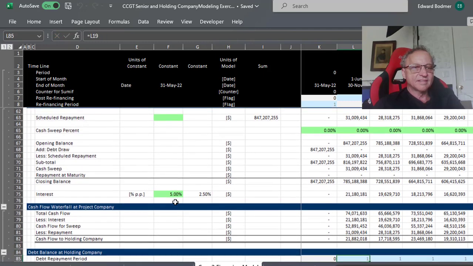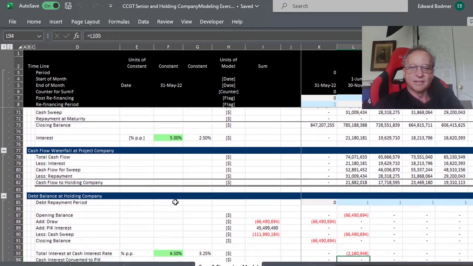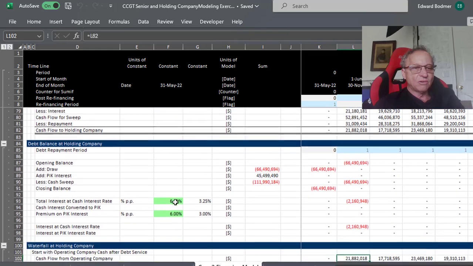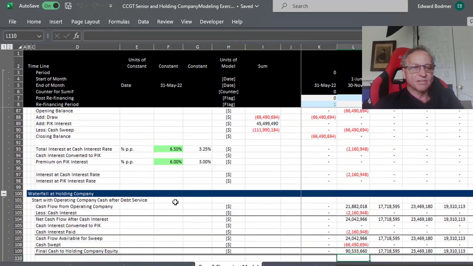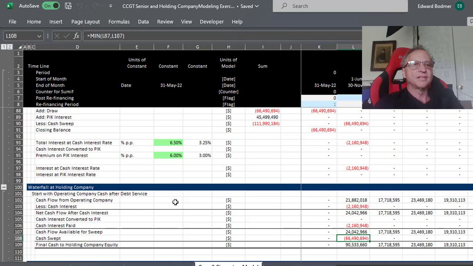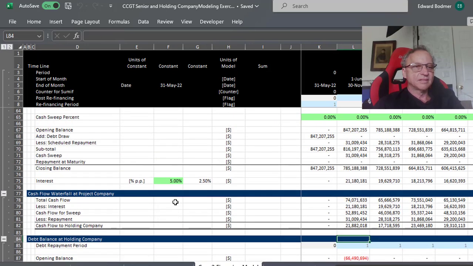Oh, this is the project company, and then we get to the holding company and the cash flow waterfall at the holding company, and this should have been a minimum of. This should have always been a positive number. Why minimum of? What's 87?